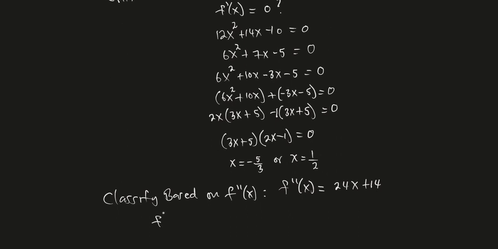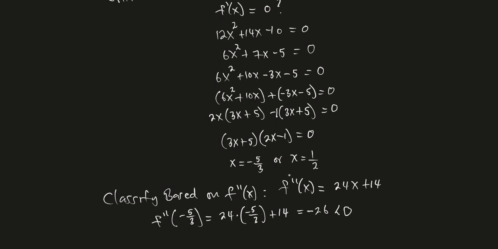So f double prime of negative 5/3. So we have 24 times negative 5/3 plus 14. So negative 5/3 times 24, that's a negative 40, plus 14. Oh, that's a negative 26. So we got a negative number.